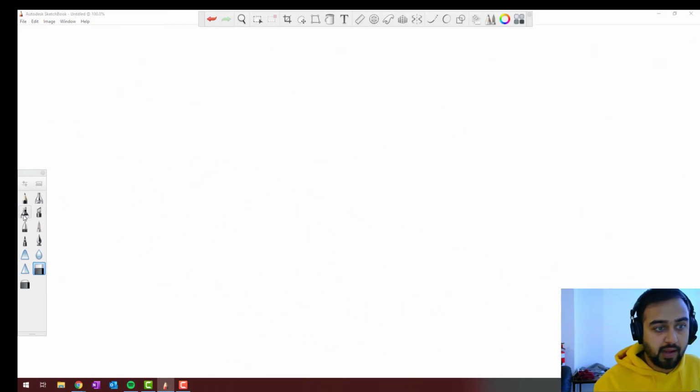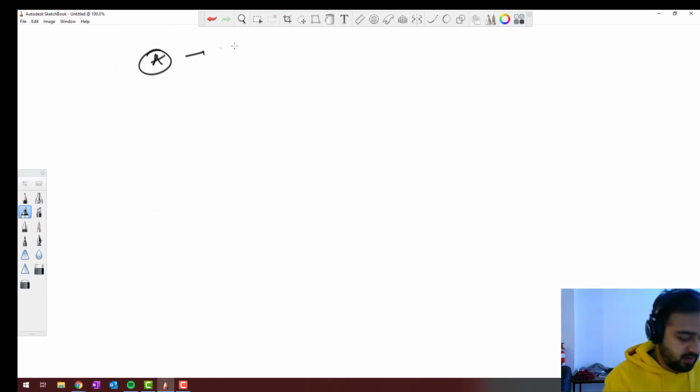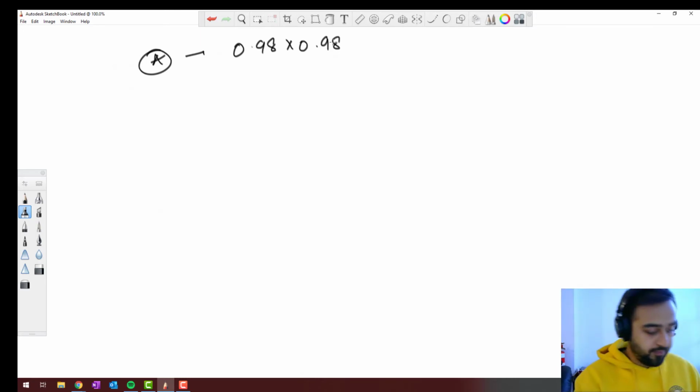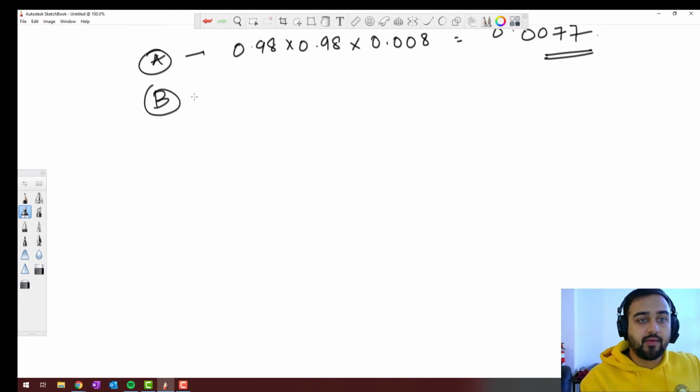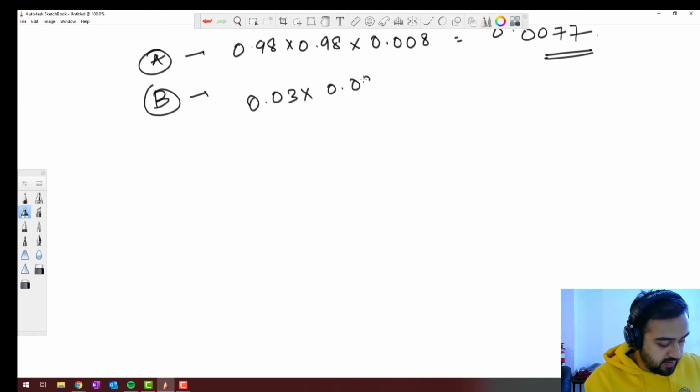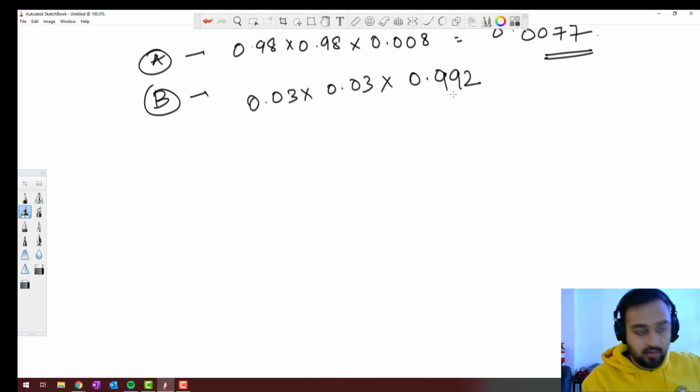If we take the max, we find, okay, I'll remove this part, we get left with, for A equation, 0.98 into 0.98 into 0.008, that gives us 0.0077, right? Similarly, for equation B, for two positive tests but the cancer is not present, we are left with 0.03, 0.03 and 0.992.